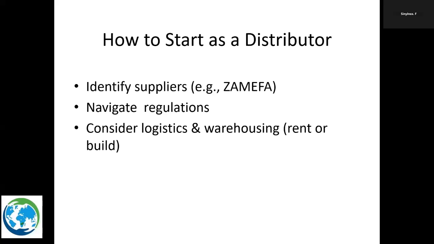Before you can set up any entity, you've got to have it registered with PACRA, and you've got to take it through ZRA, they will give the guidance. ZRA comes in because you have to pay certain taxes, depending on what volumes you are involved in, how much money you are making, and the like.